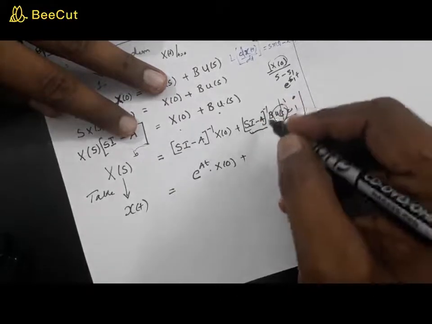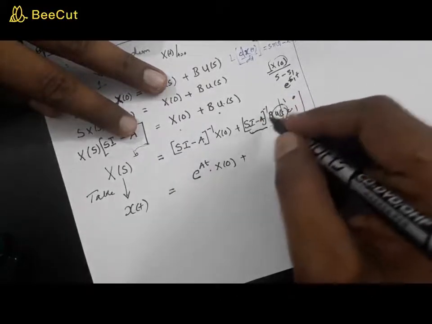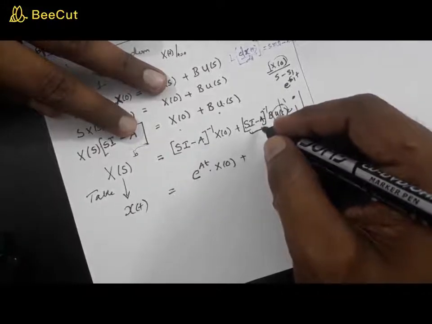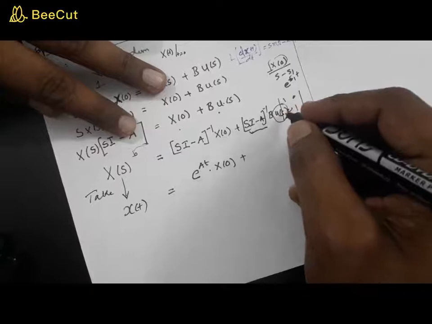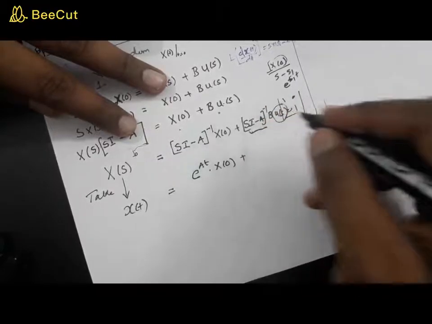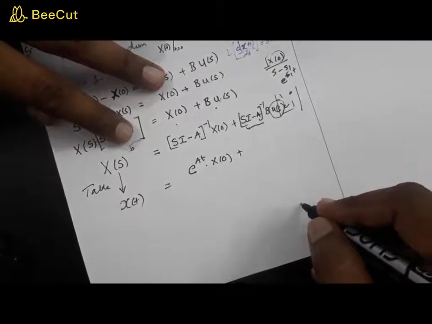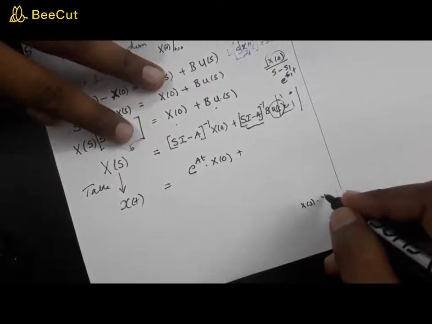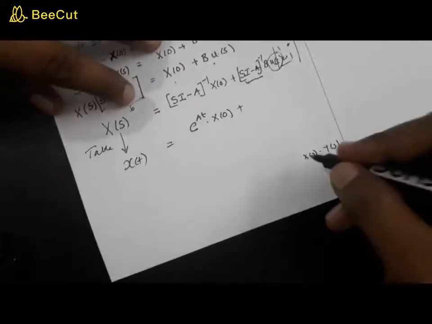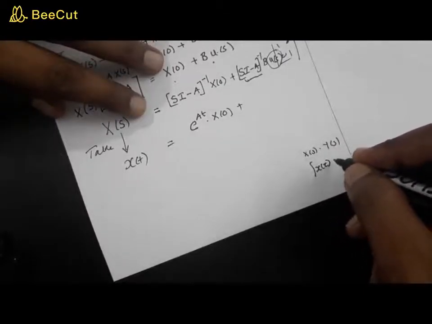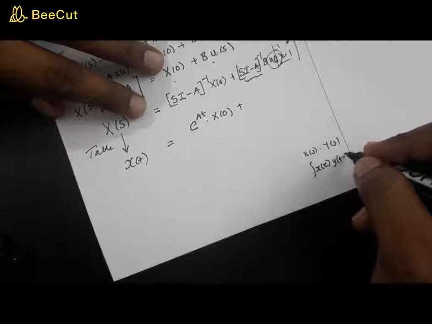This is also a Laplace transform. This is actually the product of Laplace transforms. So what is the inverse of the product of Laplace transforms? It is the convolution. For example, if you have x of s into y of s, when you take the inverse, it is nothing but the integral of x of tau into y of t minus tau d tau, right?